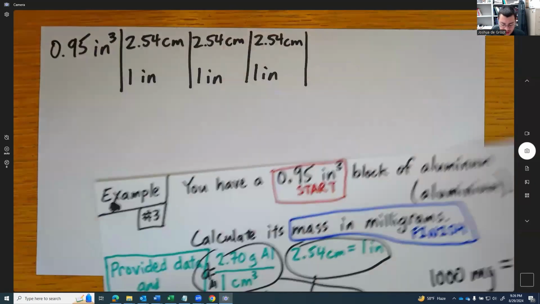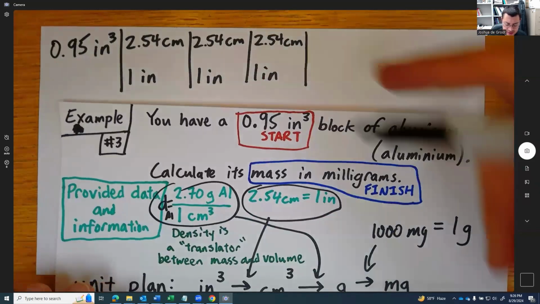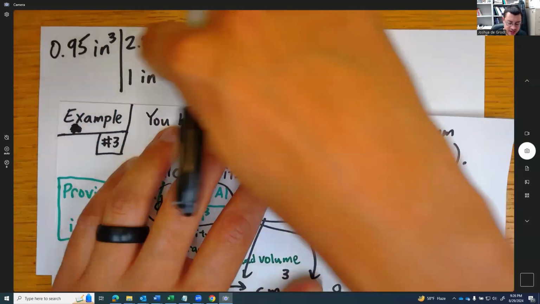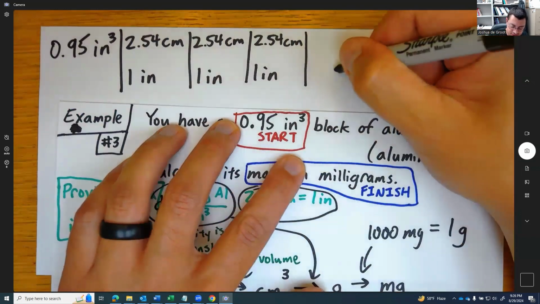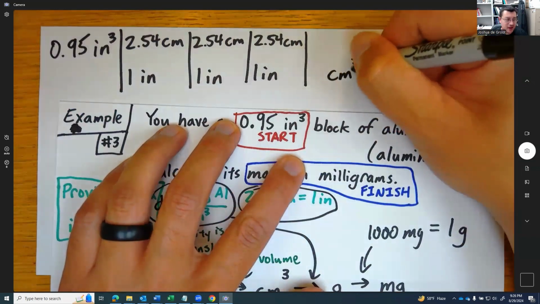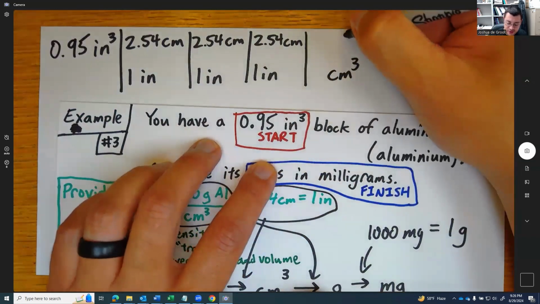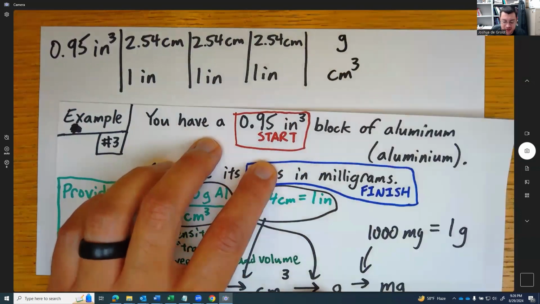Okay. Now let's see. We want to cancel out cubic centimeters. Right now, cubic centimeters is at the top. So we're going to have cubic centimeters at the bottom. Hey, see, I didn't write the number this time. Okay. And then I'm going to put grams at the top so that I have mass at the top. Okay.